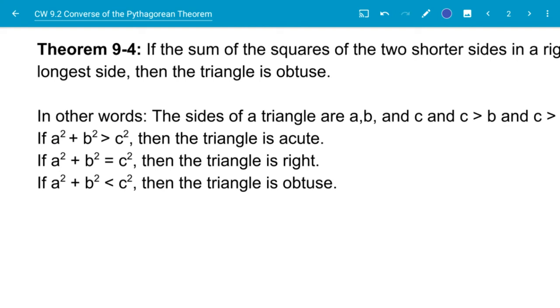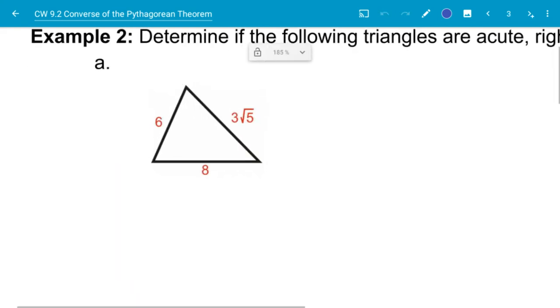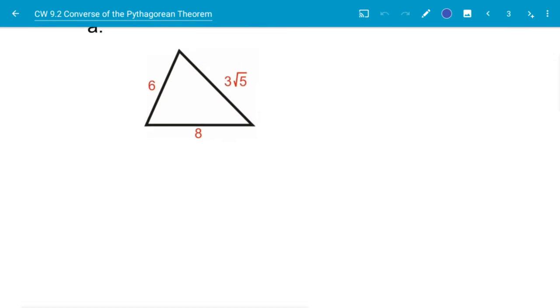So let's take a look at this now. For number 2, A, our longest side would be our, quote, hypotenuse. So if I have 6, 3 square root of 5, and 8, my longest side there is going to be 8, because the square root of 5 is just a little bit over 2.